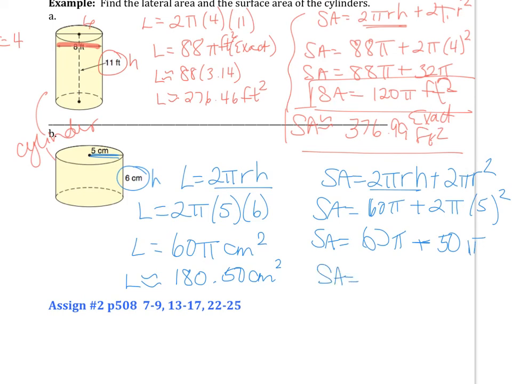Surface area, my exact answer is 110 pi, and then we're talking centimeters squared. And then my approximate answer for my surface area, multiplying that out, I get 345.58 centimeters squared.